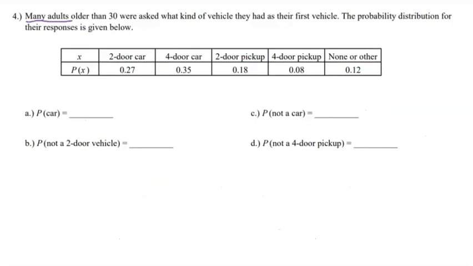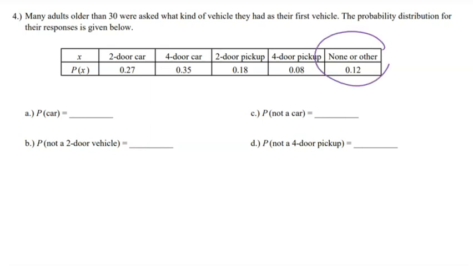This says that many adults older than 30 were asked, what kind of vehicle did you have as your first vehicle? The probability distribution for their responses is given below. Every single vehicle is included here, but there are 4 categories that were highlighted: a 2-door car, a 4-door car, a 2-door pickup, or a 4-door pickup.